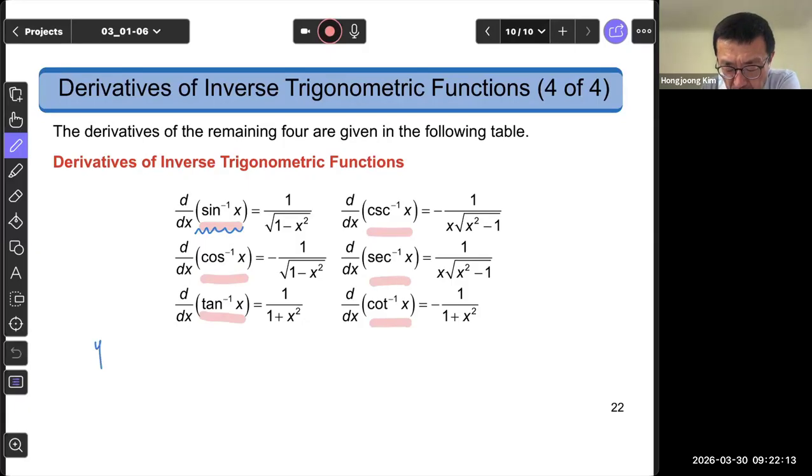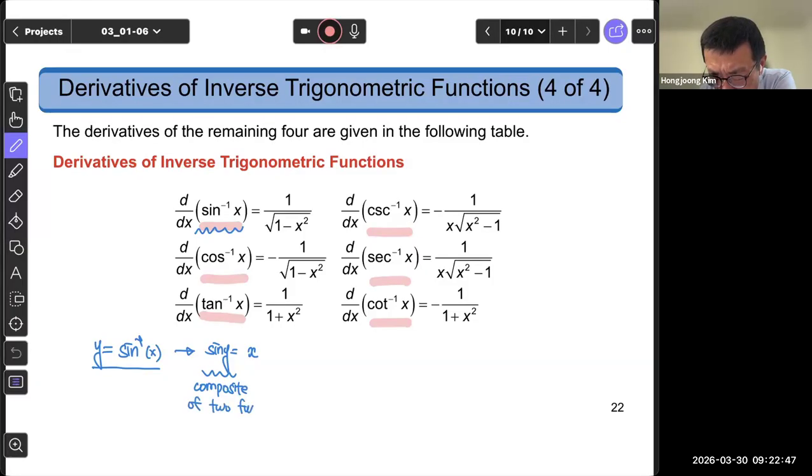Well, I defined y to represent arcsine of x, and then instead of differentiating this function directly, that implies that sine y is x, and this left hand side is the composite of two functions in x, and then I considered implicit differentiation.